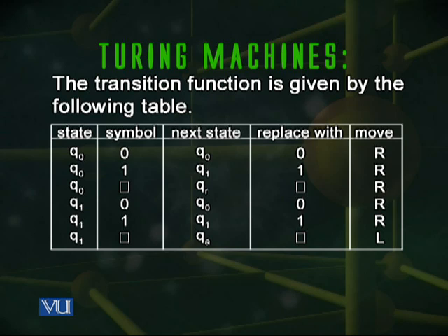Similarly, the state Q1 has a meaning. When the machine is in the state Q1, that means the last symbol scanned by this Turing machine was a 1. So if we look at the transition function very carefully, if the machine is in state Q0 and it reads a 0, it stays in Q0 because the last symbol it scanned was a 0.